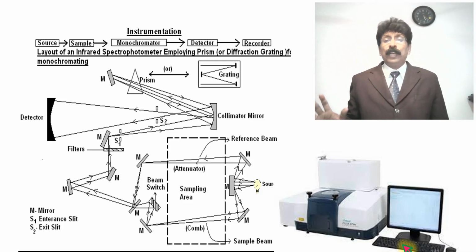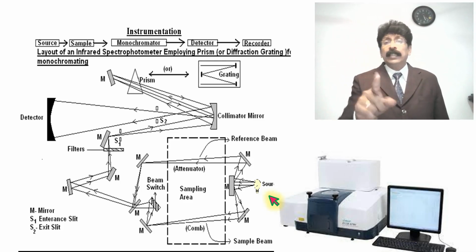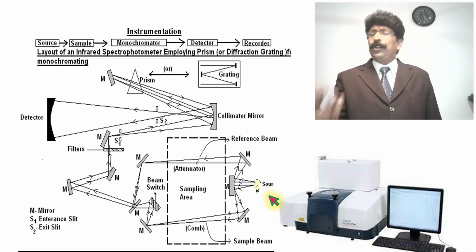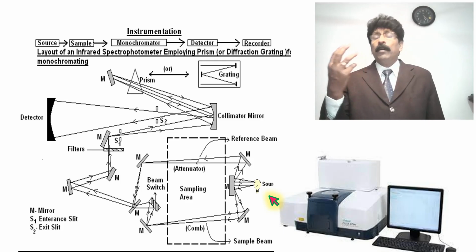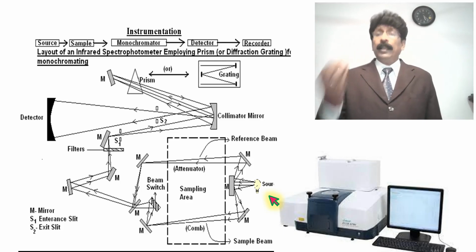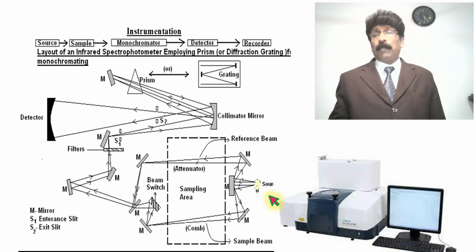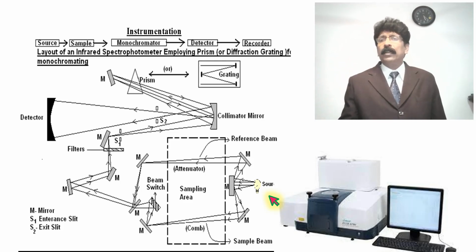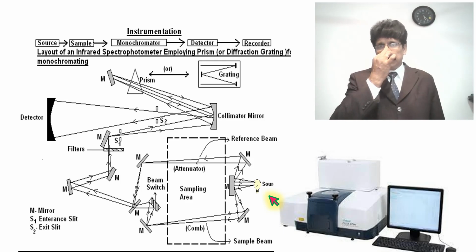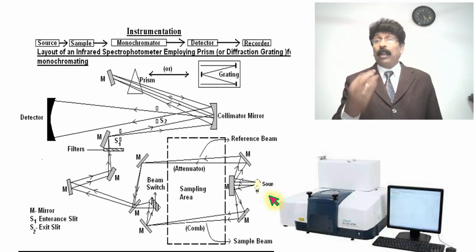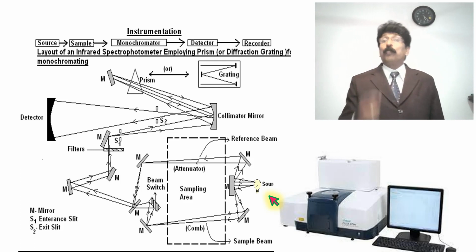You can see here the source, they have put a light, but you are not going to use any tungsten lamp or mercury lamp or any type of hydrogen lamp, as they will not emit IR spectrum. For IR spectrum, you need a thermal wire, for example metal wire, cadmium, silicon, which has to burn to produce IR.